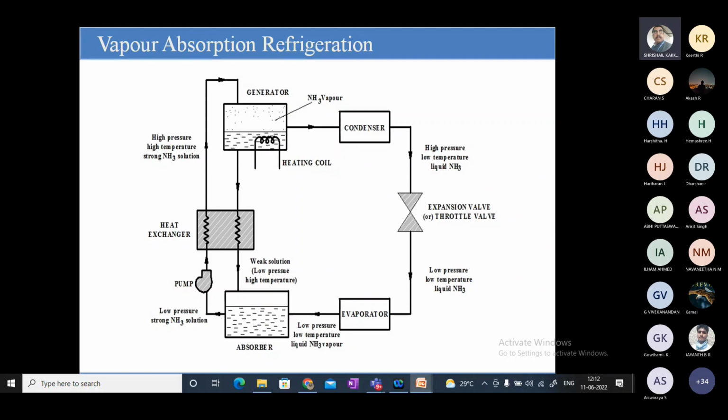It was vapor here. After it gives out the heat, it will become a liquid. This high pressure, low temperature, NH3 liquid is made to expand through this expansion device and it will be at low pressure. Again, it will be continued in the circuit. This is about the vapor absorption.